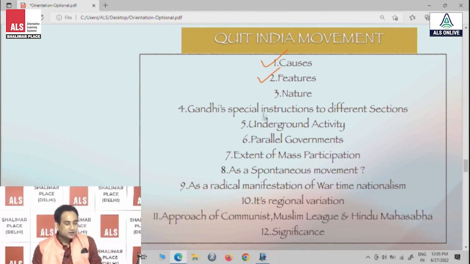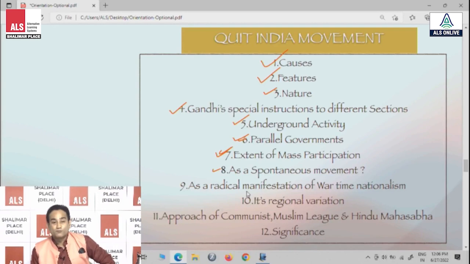Then the nature of the Quit India movement. They can ask you about Gandhi's special instructions to different sections. They can ask you about underground activity separately. They can ask you about the parallel government during the Quit India movement, Chittu Pandey and others. They can ask you about the extent of mass participation in the Quit India movement. They can ask you, was it a spontaneous movement? They can ask you, was it a radical manifestation of wartime nationalism? They can ask you about regional variation in the Quit India movement.